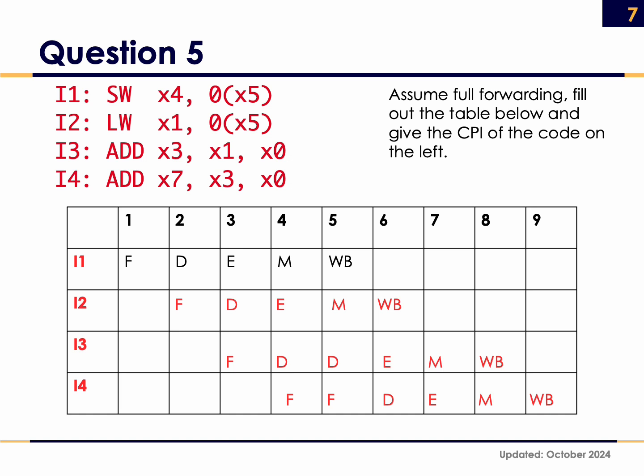But this is fine, right? Because we put whatever's in register 4 into the memory location held by register 5 at cycle 4. So all we have to do is load that word again in cycle 5 when instruction 2 gets there. So even though this is technically a dependency, it's not one we need to worry about.